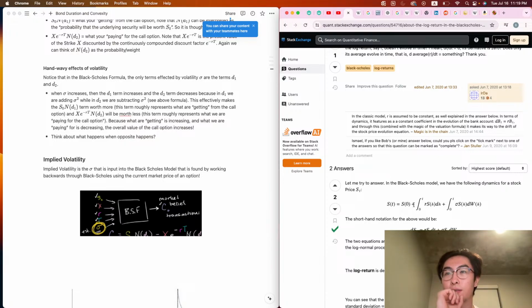Stock 0 plus, from 0 to t, so r times stock 0 to t, plus standard deviation. Okay, so it's equal to r times stock price change in time plus sigma times, what's W here?